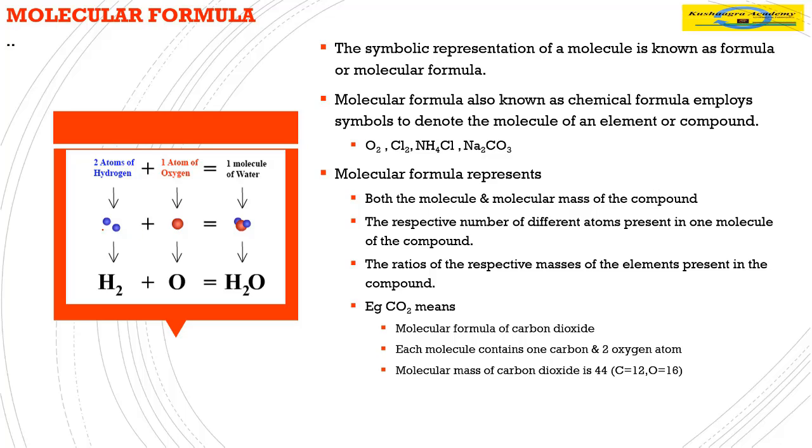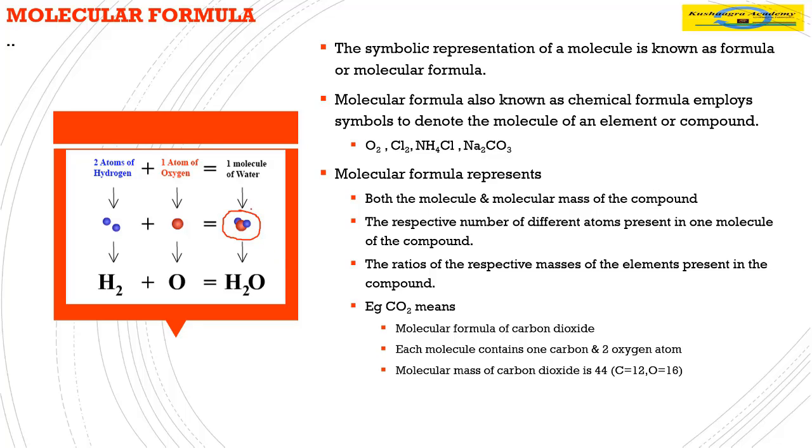So when 2 balls of hydrogen combine with 1 ball of oxygen, it forms 1 molecule of water. Now you can see this picture, 1 molecule of water. So what is the ratio here? The ratio is fixed. That means only 2 atoms of hydrogen will combine with only 1 atom of oxygen, then only 1 molecule of water will form.